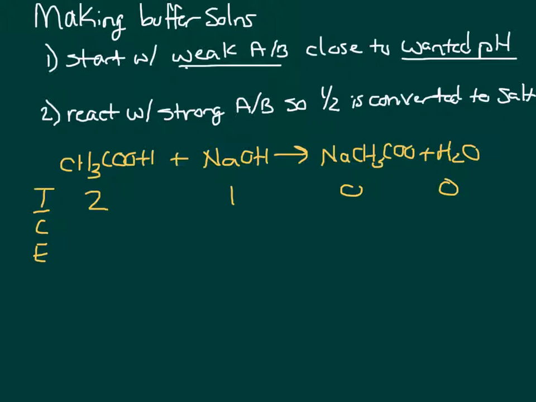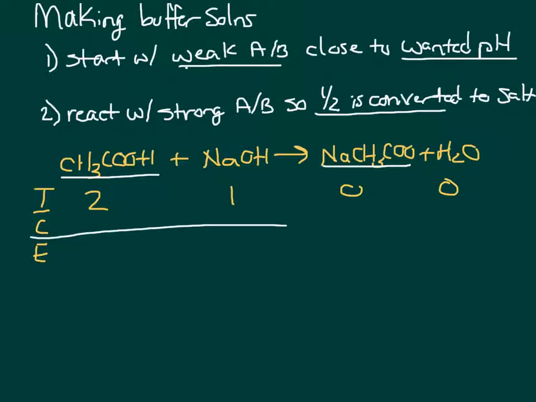Looking at an example here, and this is just using pretty little whole ratios, so it's not confused at all. We have CH3COOH. That is our weak acid. We're reacting it with a strong base, so we can make our salt. So now we have our salt and we have our weak acid. We want to make sure that half is being converted.